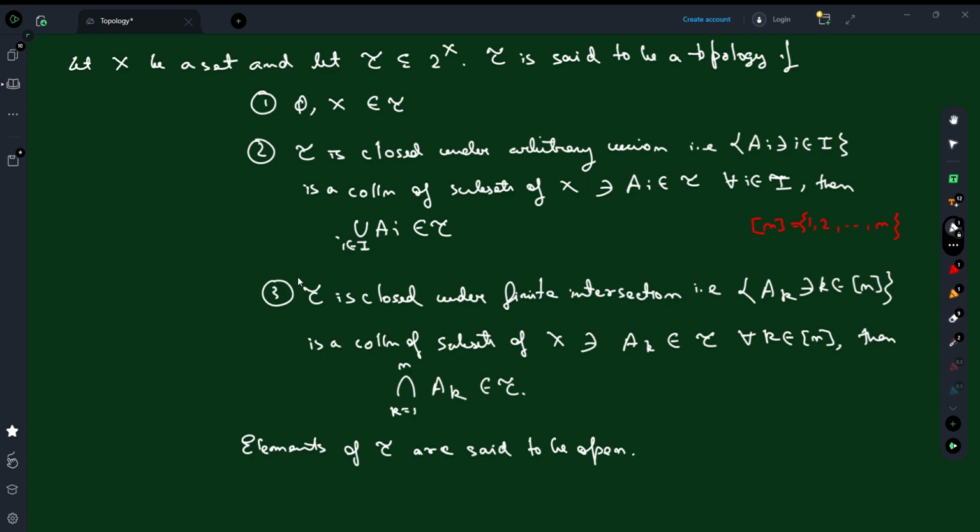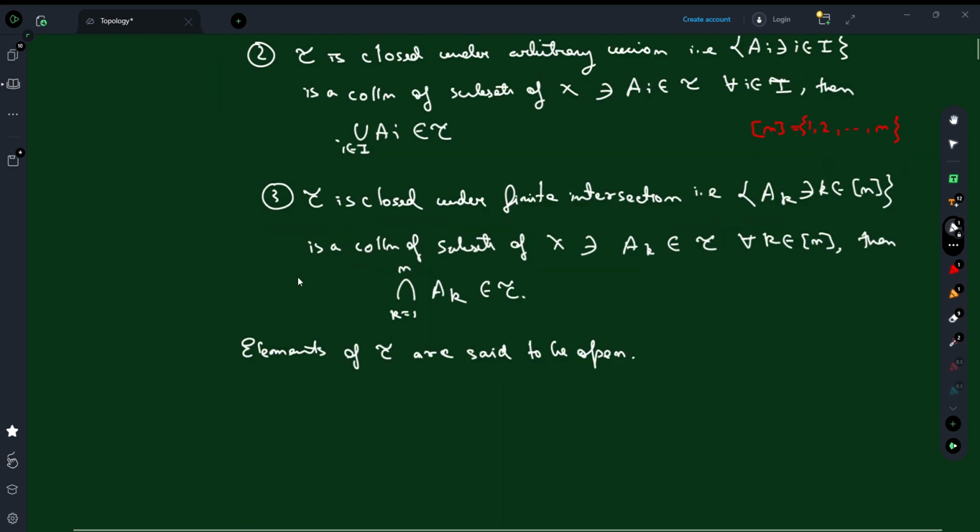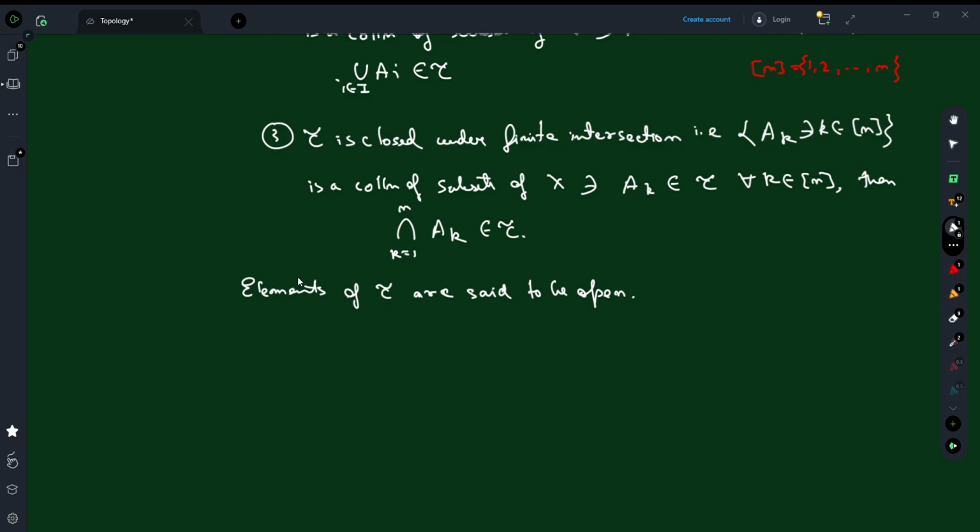Well, this is the very basic definition of an open set in an arbitrary topological space. And from here we also have the definition of what we call a closed set. Let (X, tau) be a topological space. That means X is a set and tau is a topology defined on X, that is, tau is a subset of the power set of X which satisfies all three axioms I just wrote.